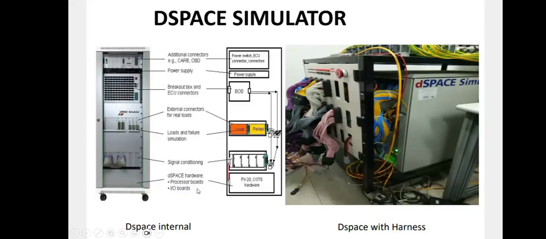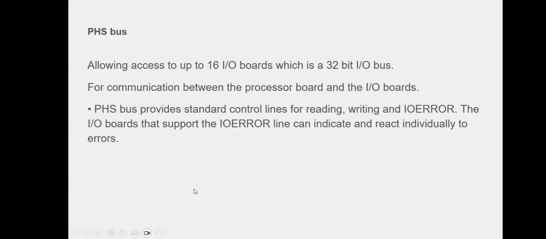Between these, we'll use the PHS bus, allowing access to the 16 IO boards over a 32-bit IO bus. So for communication between the processor board and IO board, the PHS bus provides standard control lines for writing and IO error. The IO boards that support an IO error line can indicate and react individually to the errors.